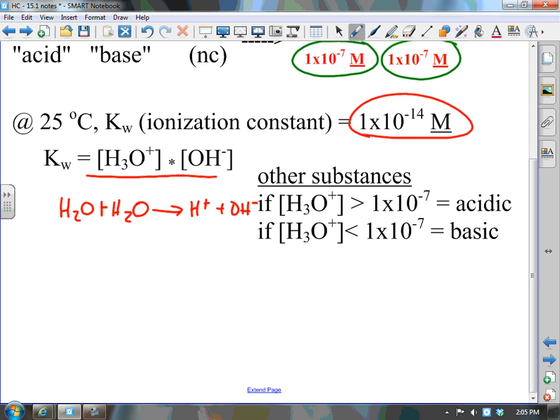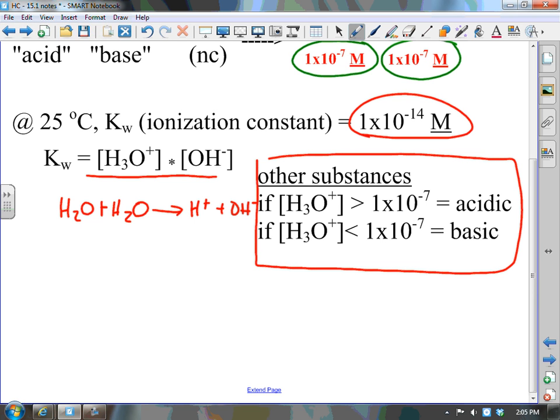So here's the connection to the pH scale. What they determined was this right here. If a substance has a concentration of H pluses or H3Os greater than that number, if it has more H pluses than water, and that's water's number, we're going to call that chemical acidic. If it has a concentration of less than that amount of hydronium ions, then we're going to call that basic.